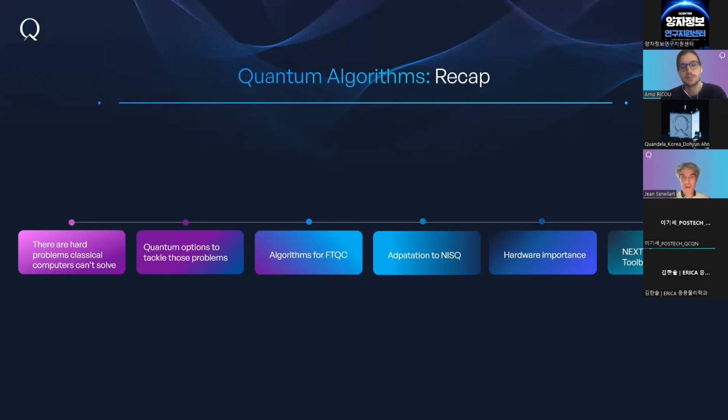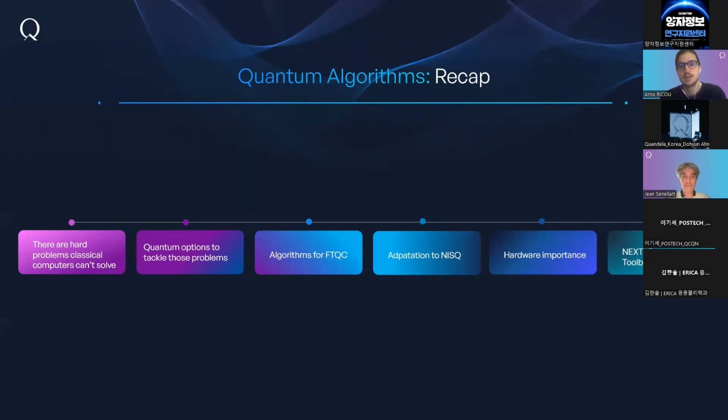Then we have some algorithms that belong to FTQC that we try to adapt to NISQ, but also algorithms that are strictly NISQ that we presented. And we also explained the importance of the hardware with the algorithm. For instance, some hardware would be better suited for annealing problems, other for boson sampling.